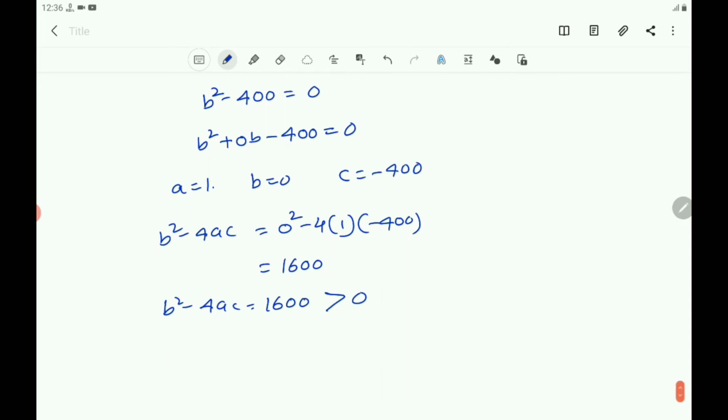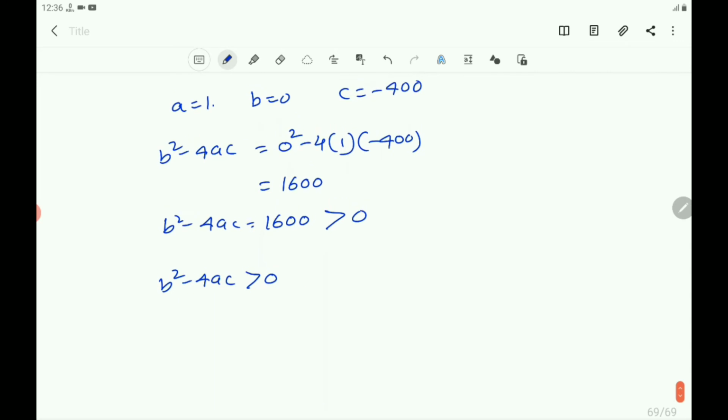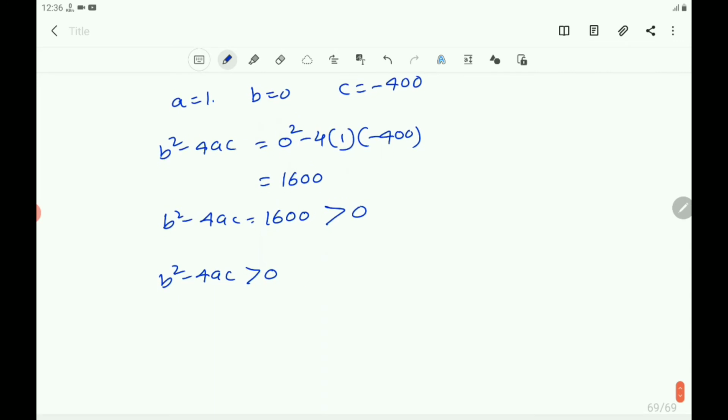So as b square minus 4ac is greater than 0, you can say that real roots exist.